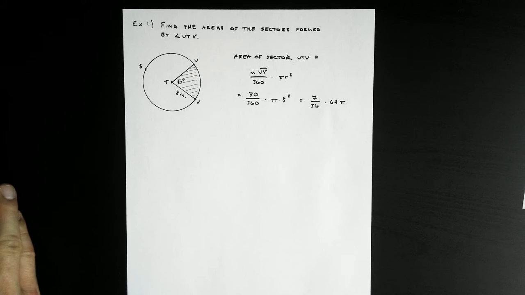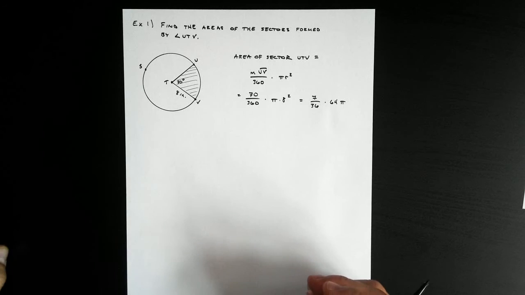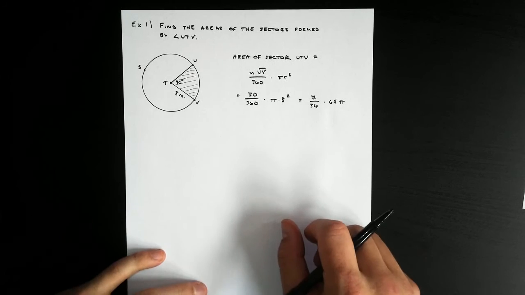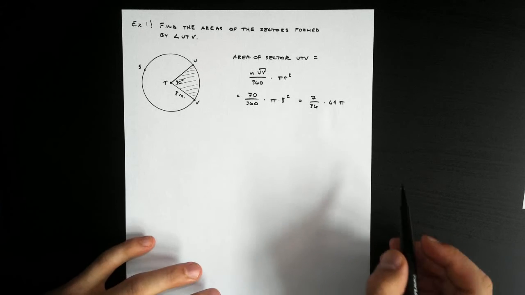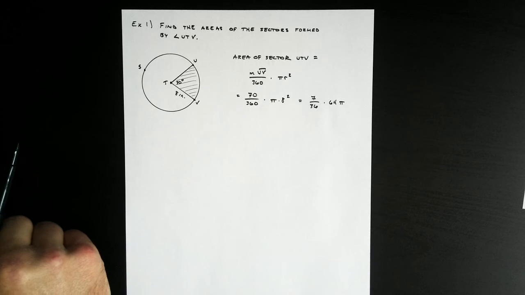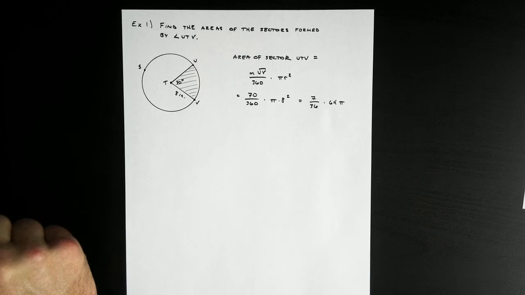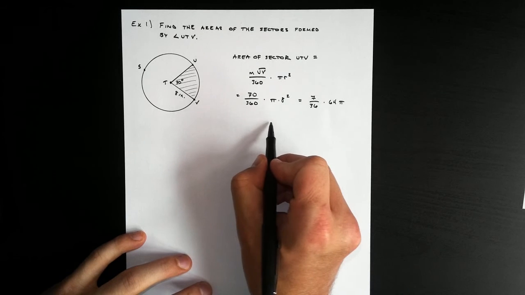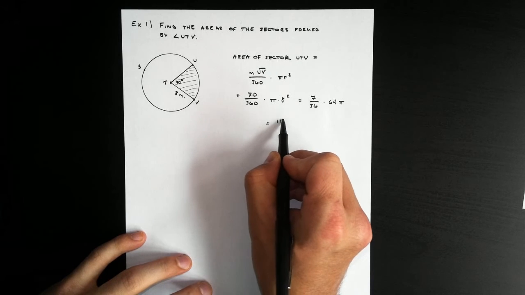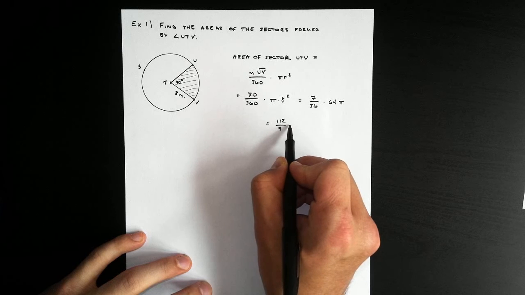So 7/36 is roughly about 0.2. So we're looking at about 20% of the circle. So let me just multiply these together. And if we do a little simplifying, we end up with 112 over 9 times pi.